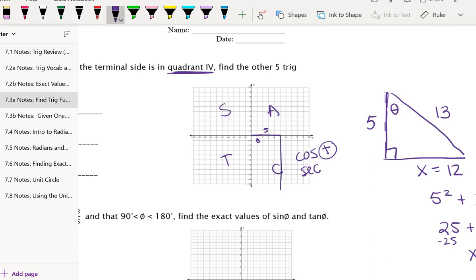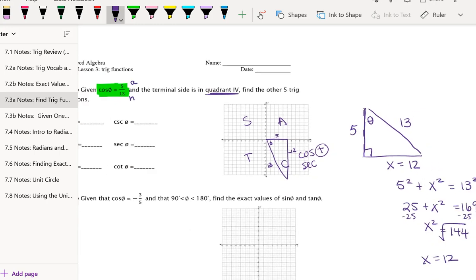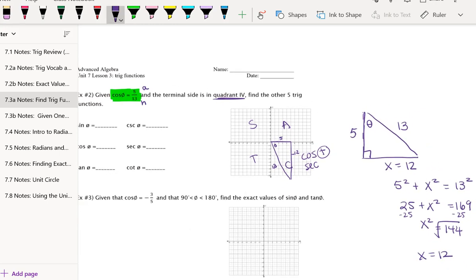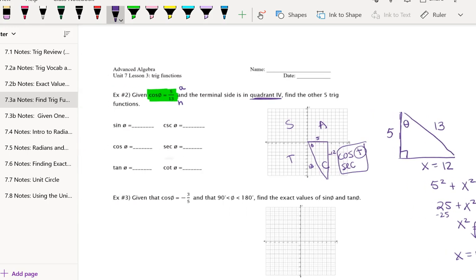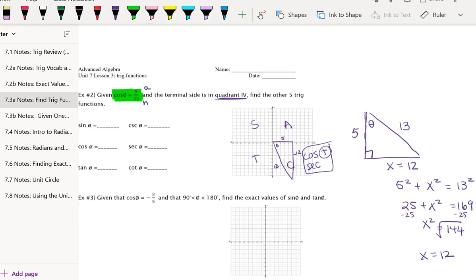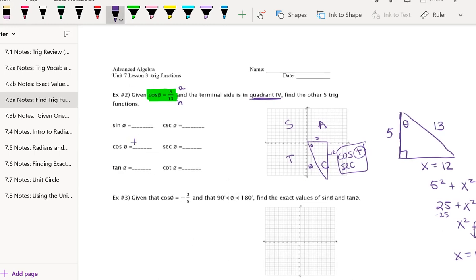Well, it's down here. And so the angle is here. So if I'm down, this is negative 12, and this is a positive 13. So I'm taking this triangle and kind of flipping it around. Honestly, if you just remember that cosine is positive and secant is positive and everything else is negative, it really doesn't matter if we use the coordinate grid. So I'm going to go ahead and label that. Cosine and secant are positive; sine, cosecant, tangent, and cotangent are all negative.